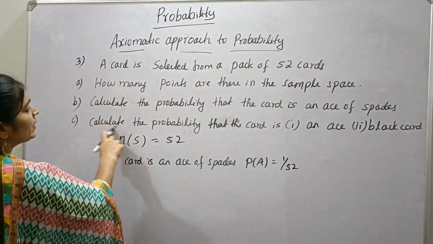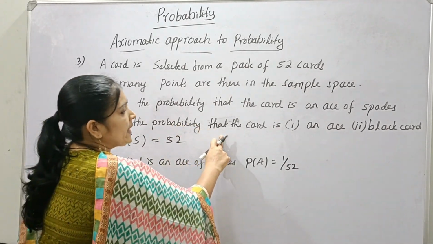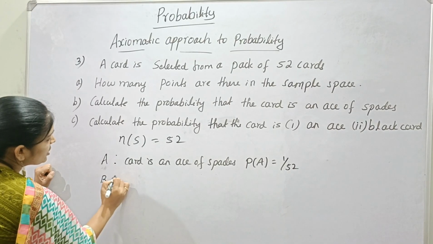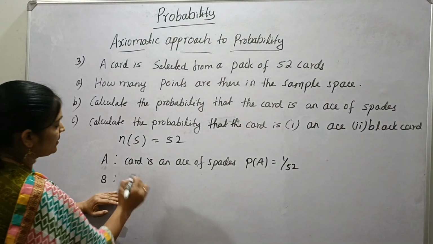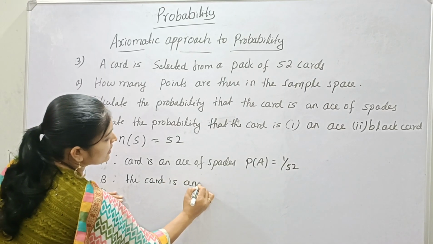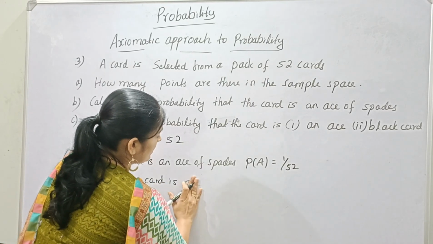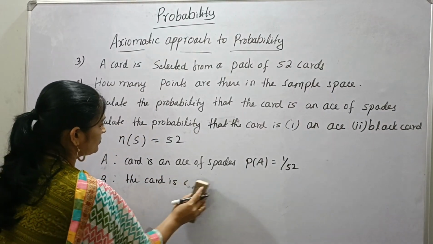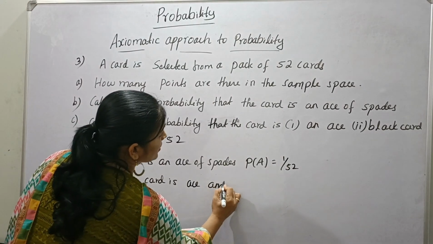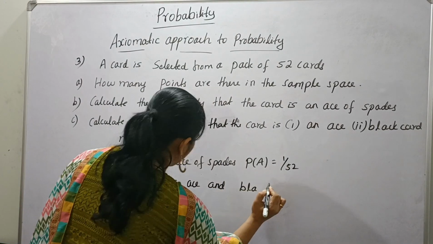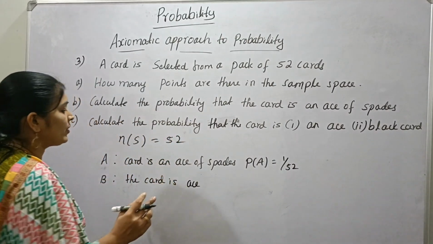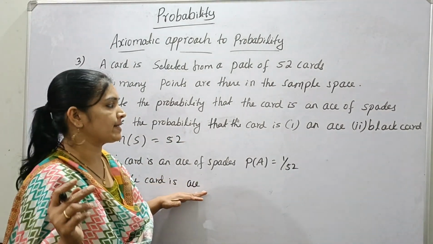Next, calculate the probability that the card is an ace. It is not together, it is a separate question. Here the event is that the card is an ace.